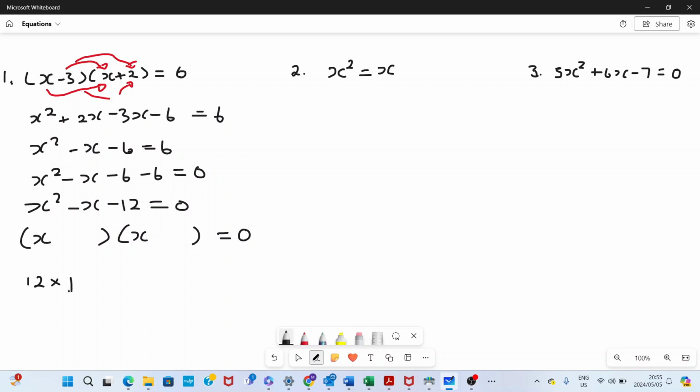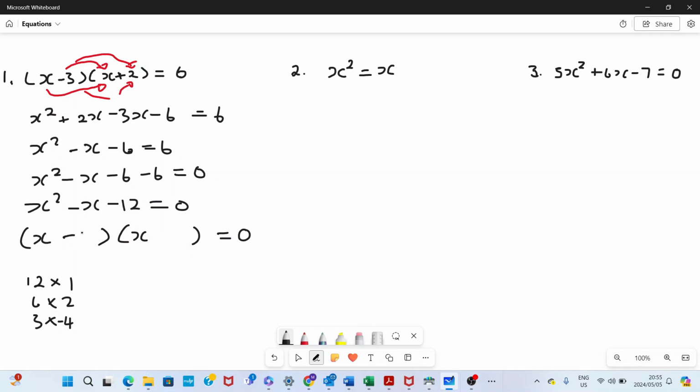So if you say 12 times 1, this is a factor of 12. If you say 6 times 2, this is a factor of 12. If you say 3 times 4, this is a factor of 12. So you notice that if you look at this 3 and 4, the difference between these two would give you a minus 1 if 4 is negative.